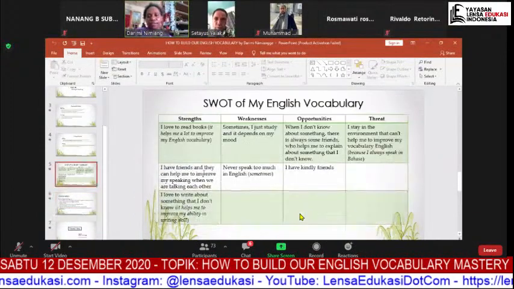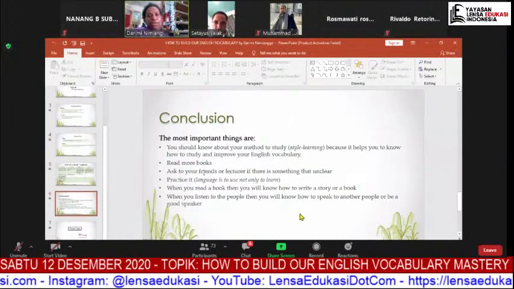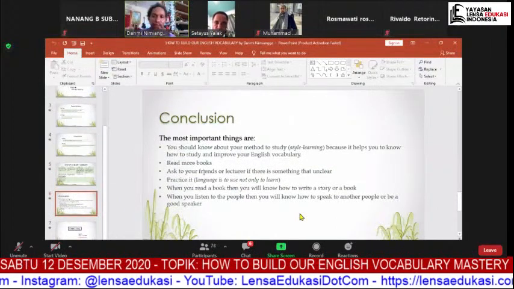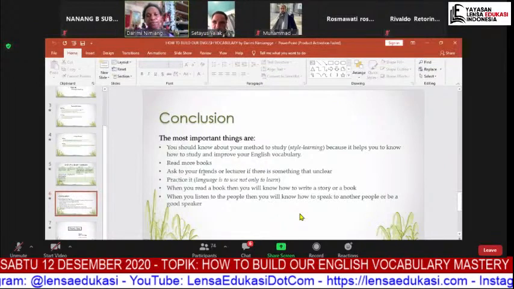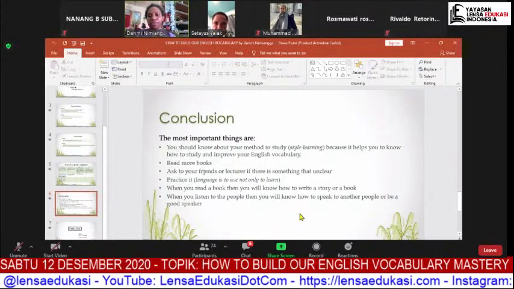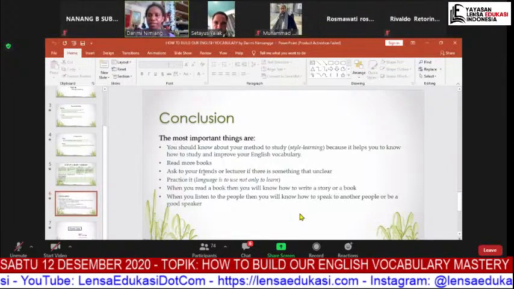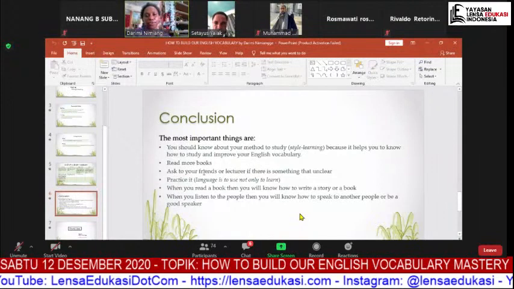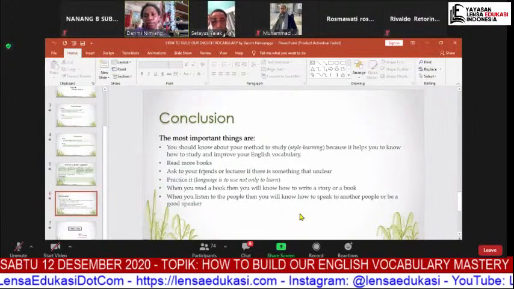After the SWOT, I find the conclusion, the result of what I made. The most important things: the first point is you should know your method of study, your learning style, because it helps you know how to study and improve your English vocabulary.